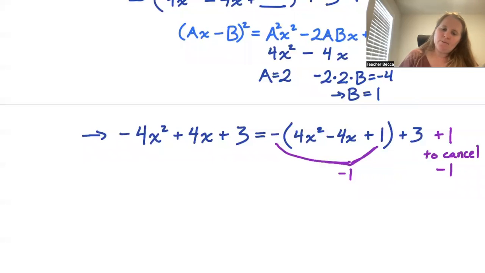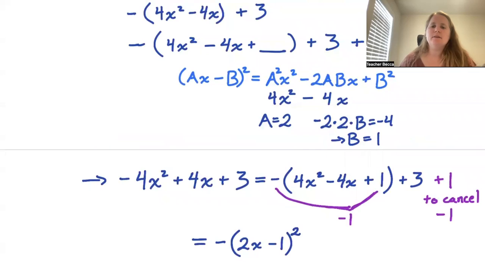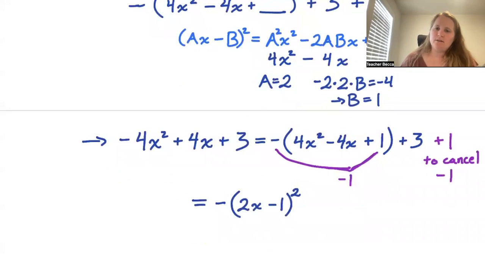This becomes negative 2x minus 1 squared, right? That was the format for ax minus b. So negative 2x minus 1 squared plus 4.